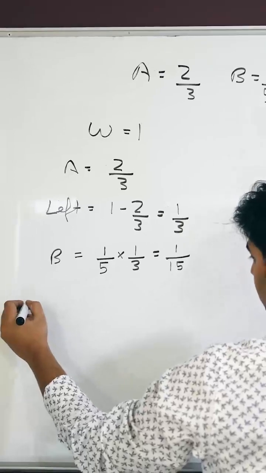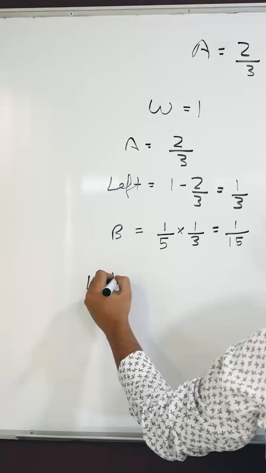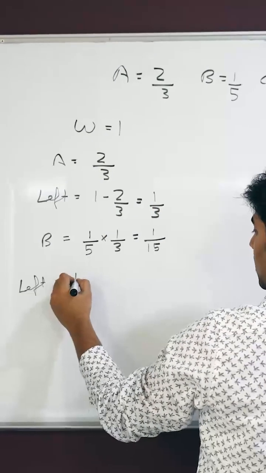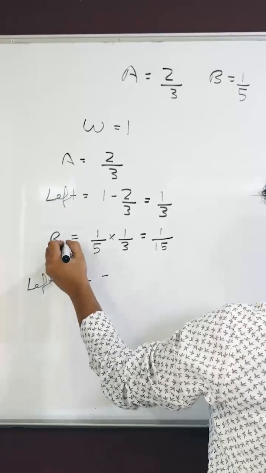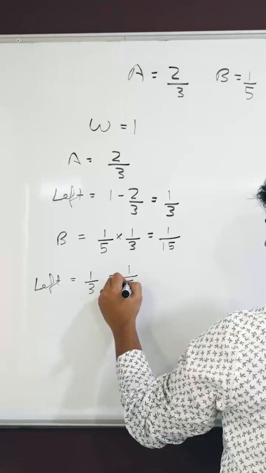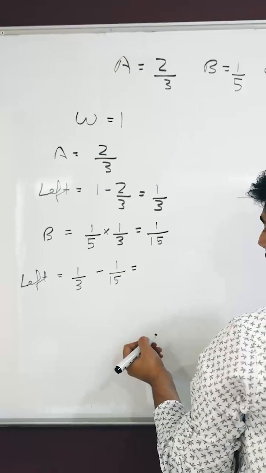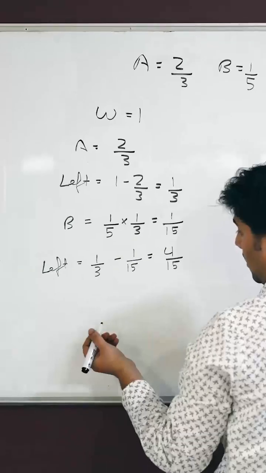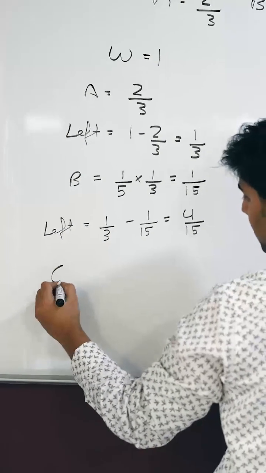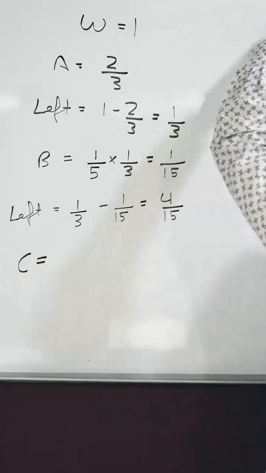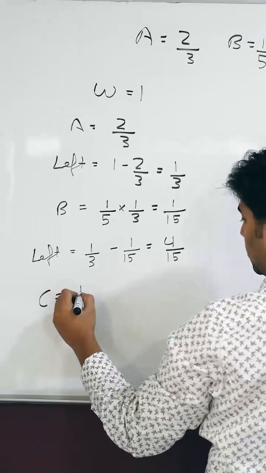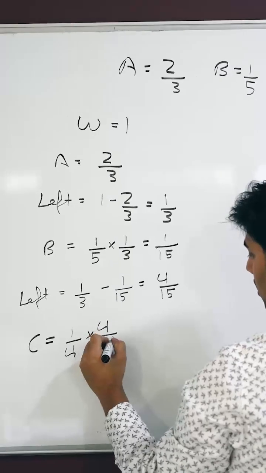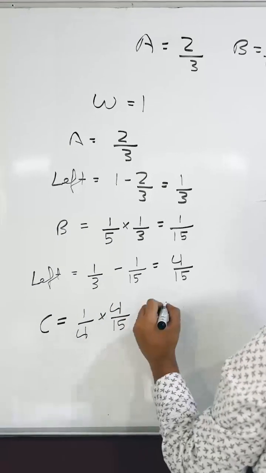And then B also left. So how much work is still remaining? Previously work left was 1/3 and B finished 1/15 out of it. So how much work is still left? 4/15. Now C came and did 1/4 of the remaining work. So how much work did C do?